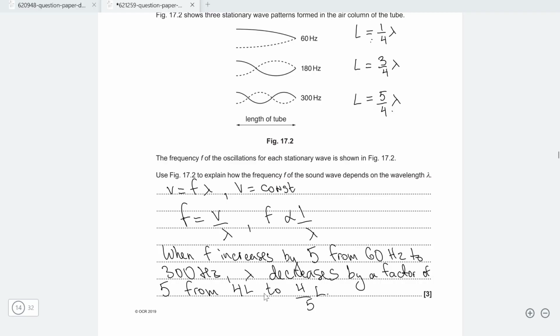Well, I've just simply rearranged here for lambda. So if I just take that expression, I see that lambda is 4 times the length of the tube, and moving on up onto here at 300 hertz, then lambda is 4L divided by 5.